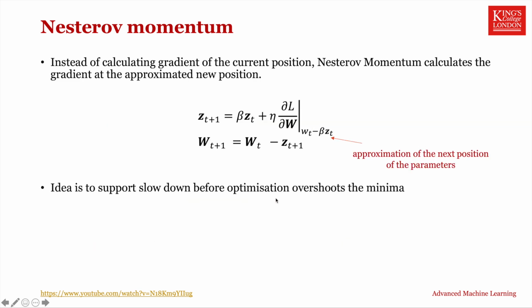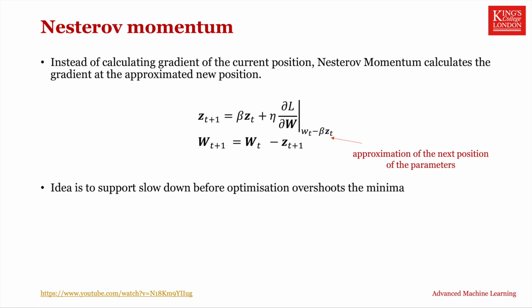So this is written out in notational form, where this part at the end here is telling it to estimate the partial of the loss with respect to the parameters for the values of W at the location in the parameter space given by first updating W with the update of accumulated gradients beta zt.